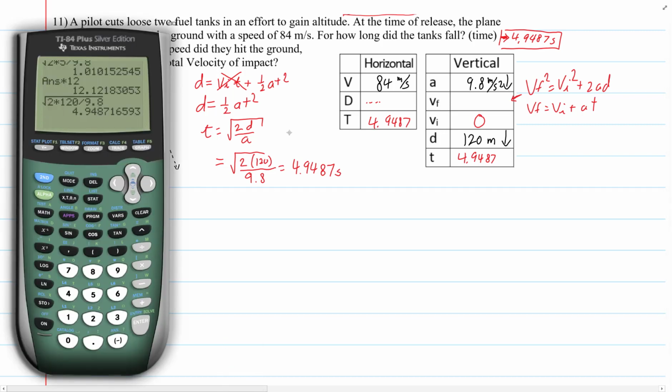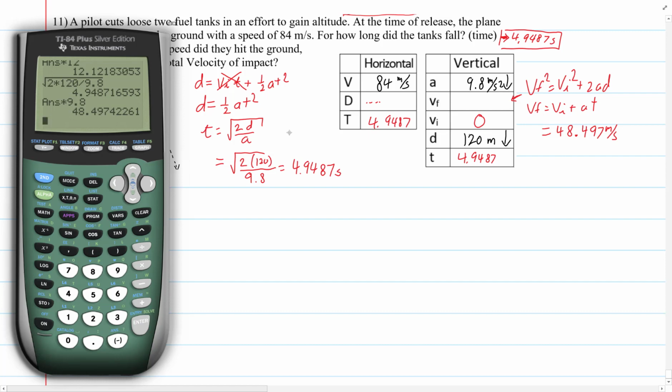So I'll do it that way. Take this and multiply it by 9.8, and I get a final speed of 48.497 meters per second.